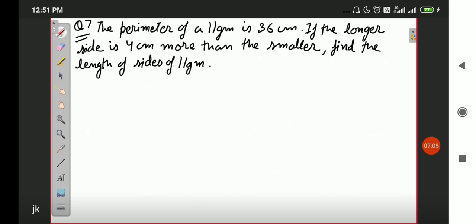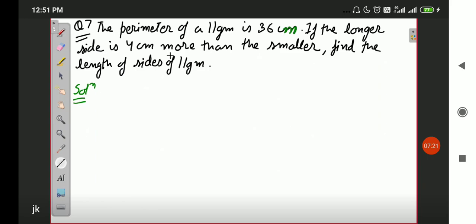Okay, so let us start with the solution. The perimeter of the parallelogram is 36 centimeter. So for this parallelogram, its perimeter is 36 centimeter.